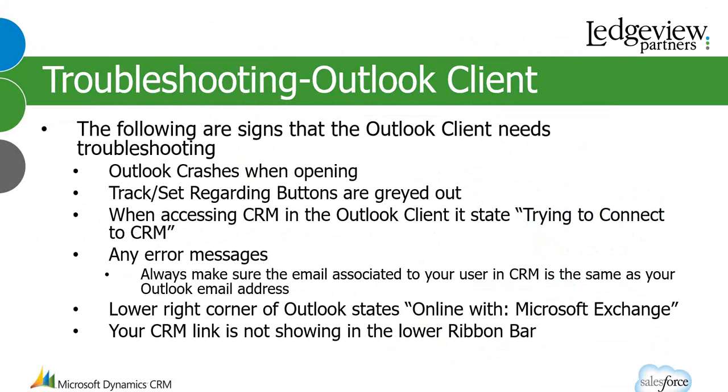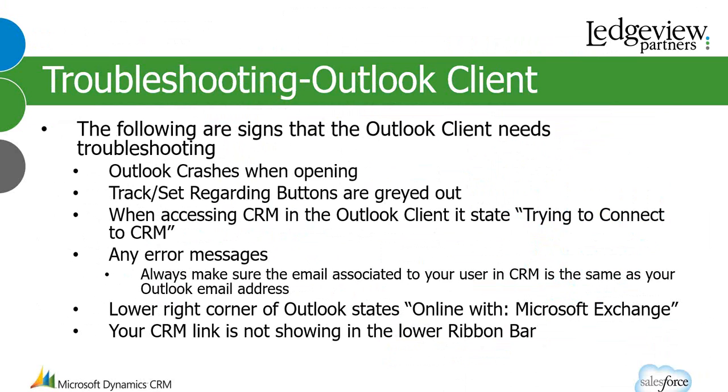Now I'm going to go through some items that are signs that the Outlook client needs troubleshooting. If Outlook itself is crashing when opening, it'll start to open and then close, that's a sign that you need to contact either your IT department or us here at LedgeView Partners, and we can help troubleshoot this issue.